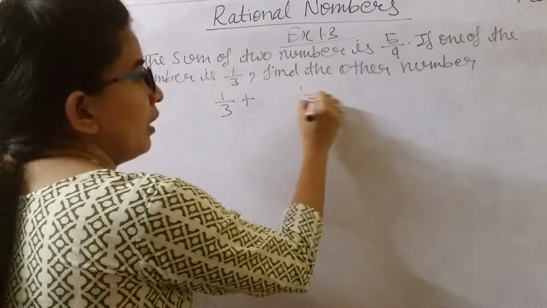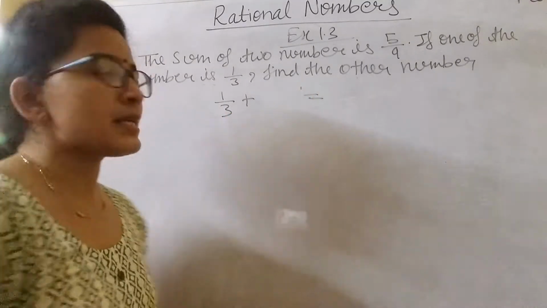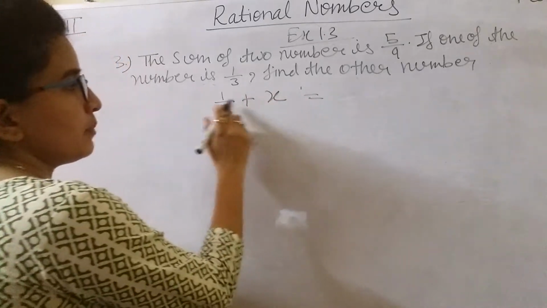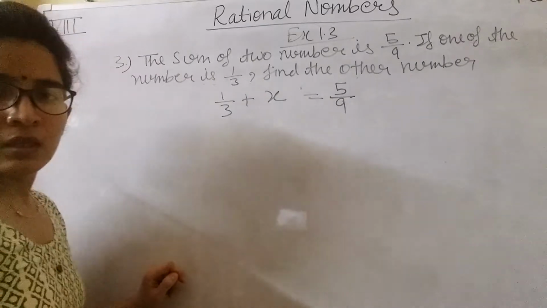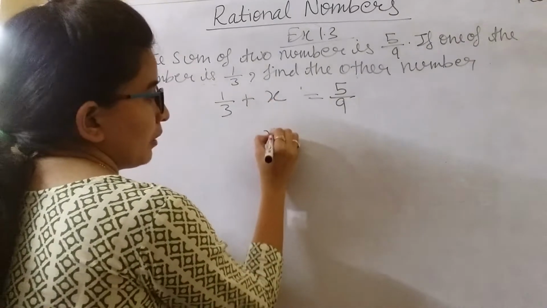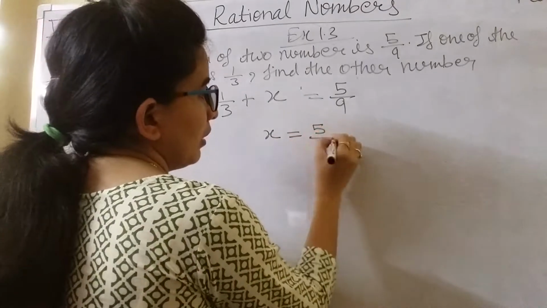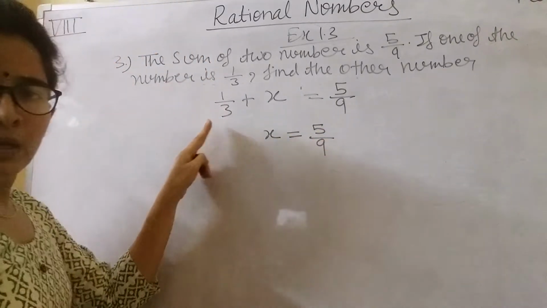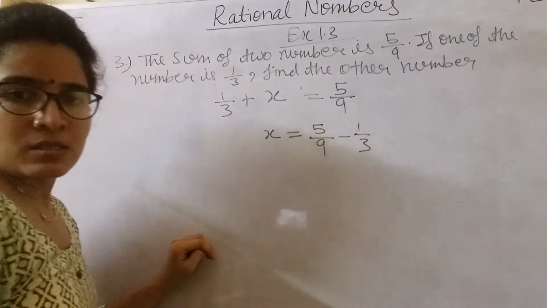So we can take the other number, suppose we take the other number as x. So x plus 1 by 3 equals 5 by 9. Now we will keep this x on the left hand side and move this 1 by 3 to the right hand side. That will become minus.